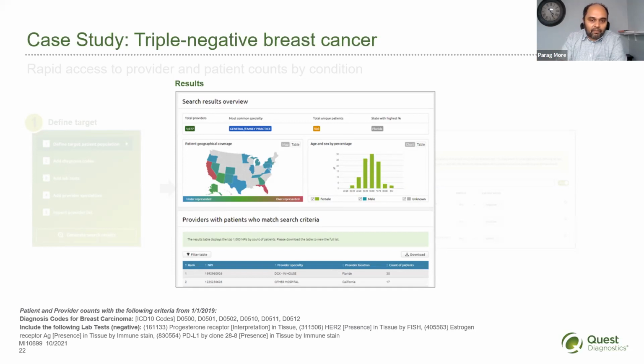Hopefully that makes it real how data can be leveraged to make sure that we are reaching the right patient populations and physicians.